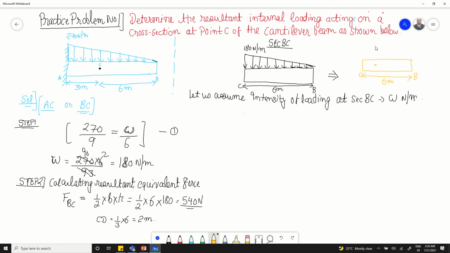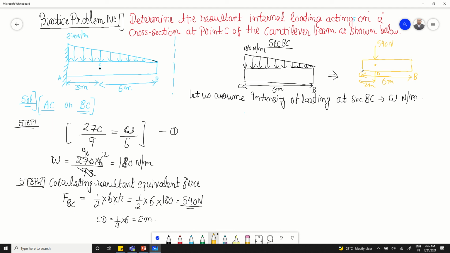This is the centroid, and this is 540 newtons. This point D is 2 meter from C. This is purely a case of coplanar loading. So let us name this as point D.